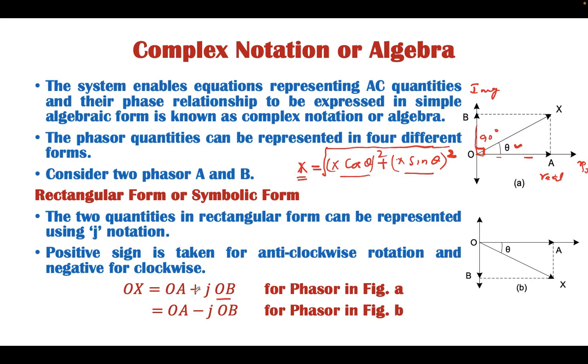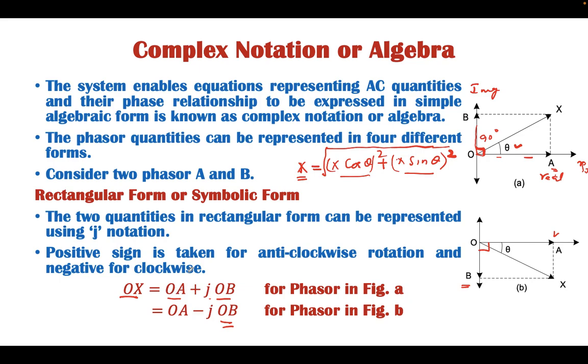And here plus means this quantity is 90 degrees ahead of the quantity A, and if negative, it means this imaginary component is 90 degrees behind the quantity A in space. Hence, considering the real and imaginary components, OX can be represented as OA plus JOB or OA minus JOB, and here OX is nothing but taken as magnitude x.